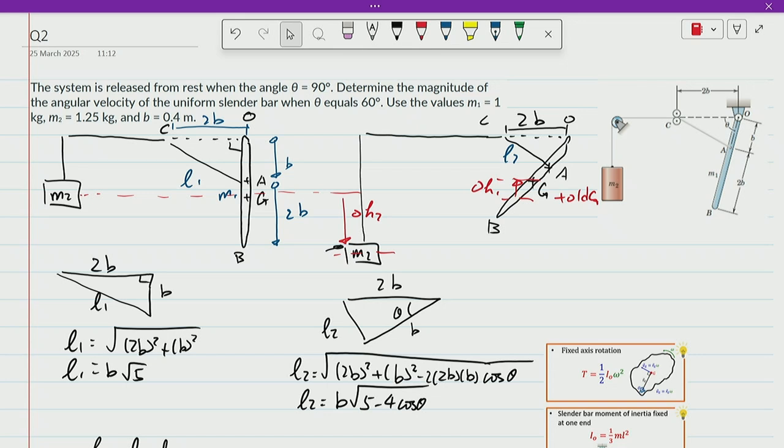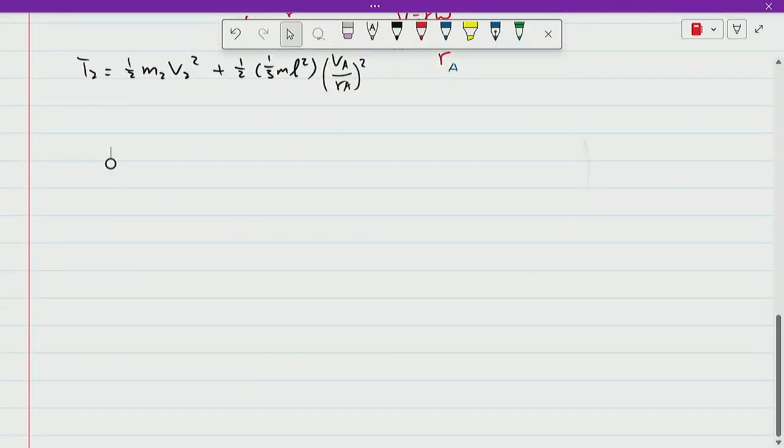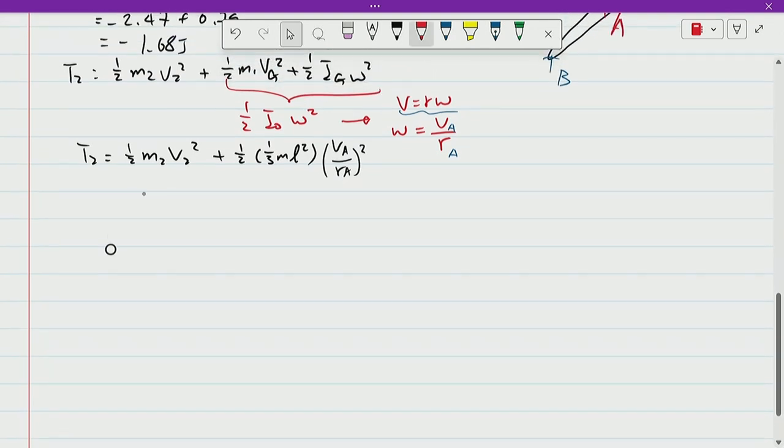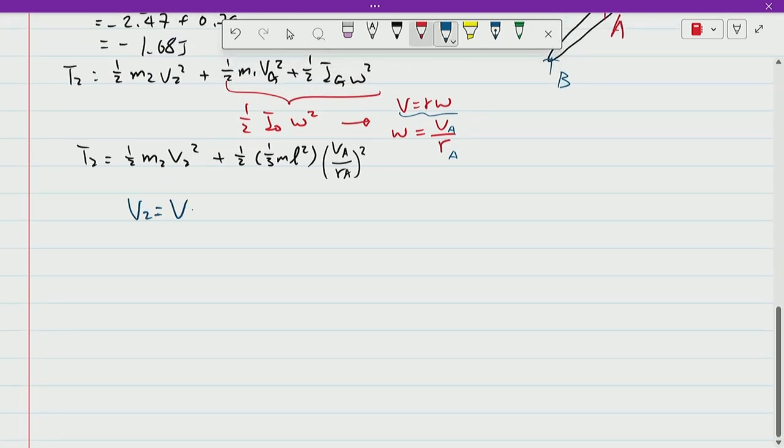If I pull here at 1 meter per second, here it's going to be 1 meter per second, right? So if I'm pulling M2 with V2, VA is going to be the same velocity. It's the same rope. There's no funny things going on. So this gives us the missing piece where V2 is equal to VA, and suddenly one equation, one unknown.